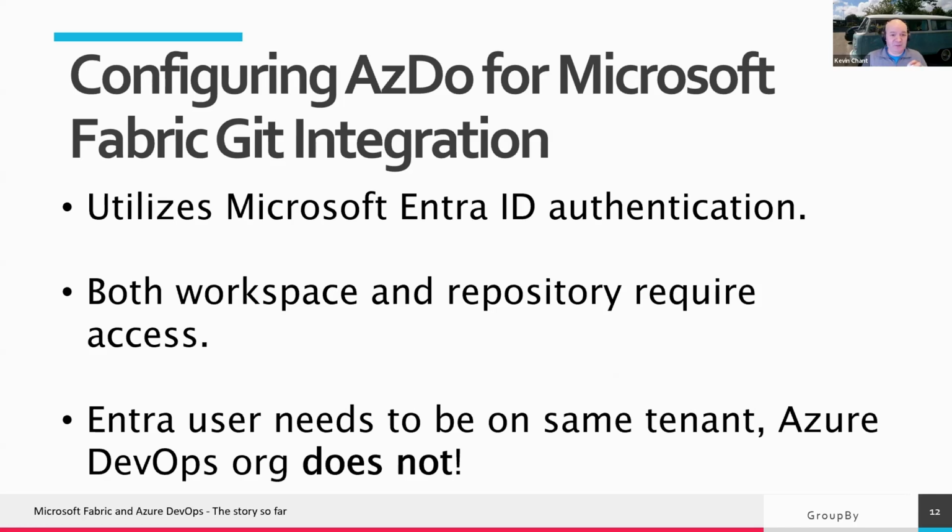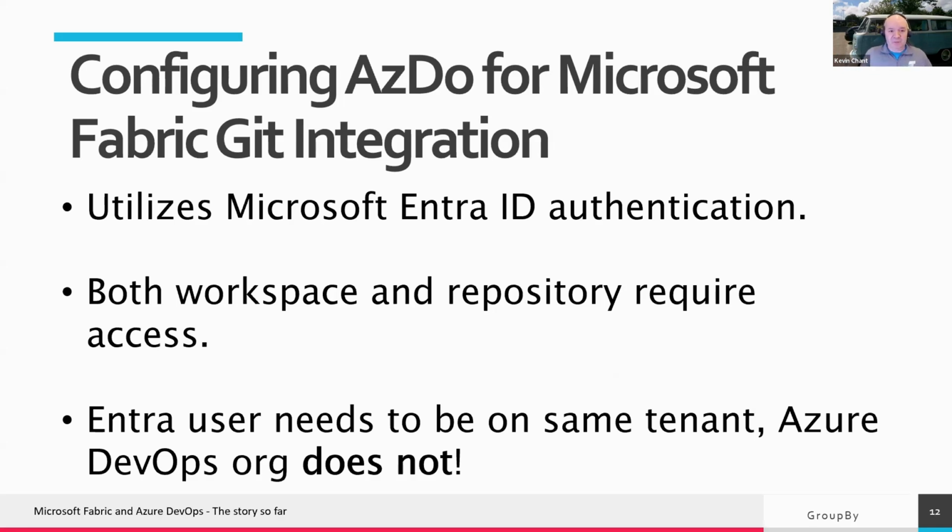And you remember earlier, I highlighted the fact that I had another Azure DevOps organization, another tenant. This is why. So the Entra user needs to be in the same tenant when you go to configure the connection. However, the Azure DevOps organization does not. So I can have two tenants, tenant A, tenant B.